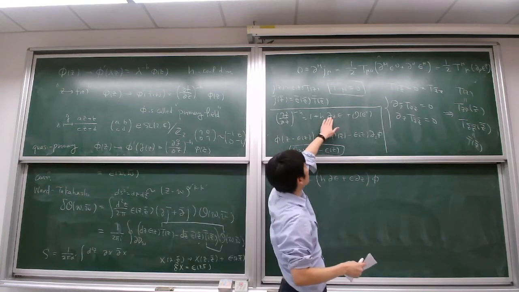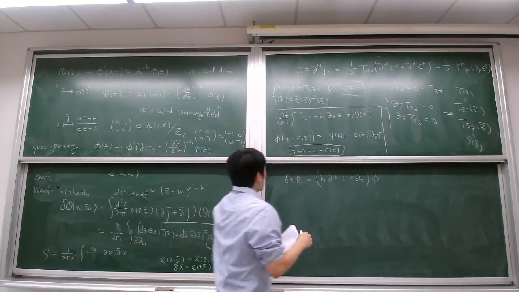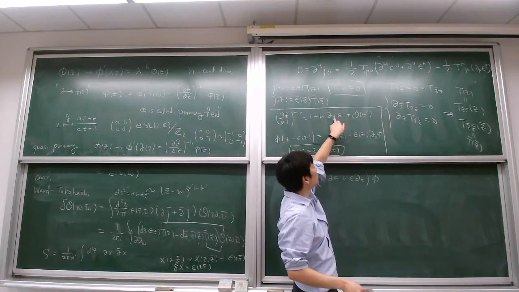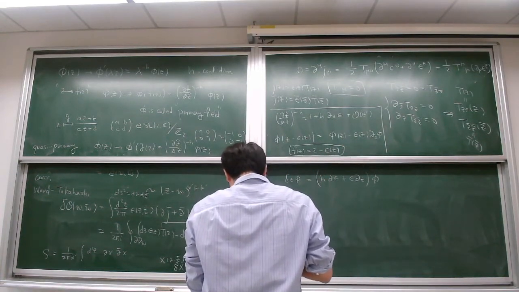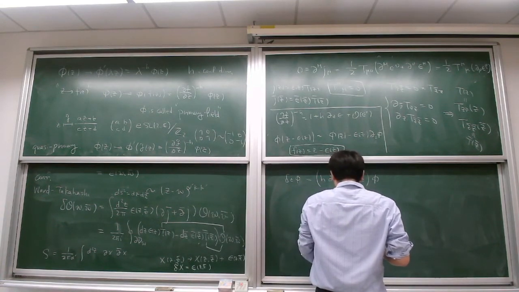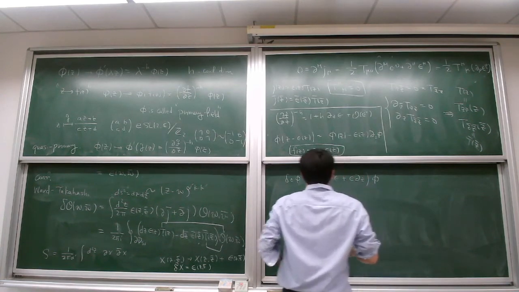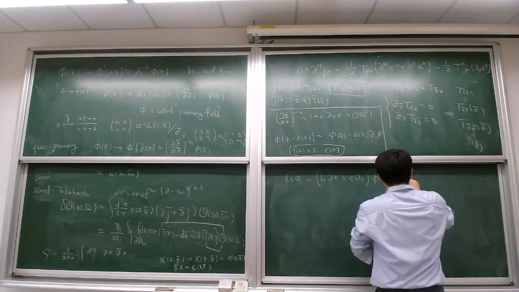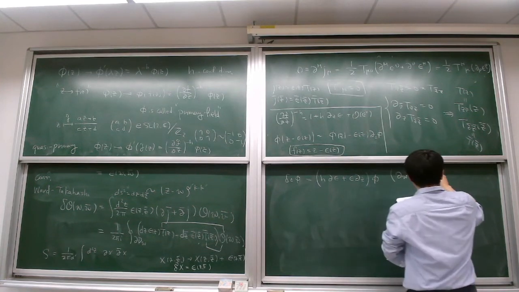These terms are what appear in the infinitesimal variation, and consequently we can use complex analysis to write down phi of w.